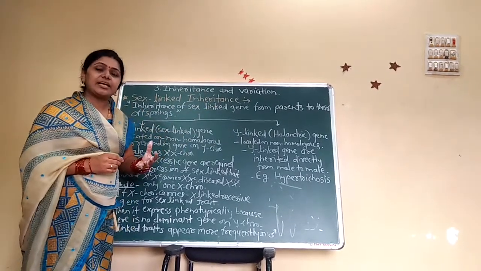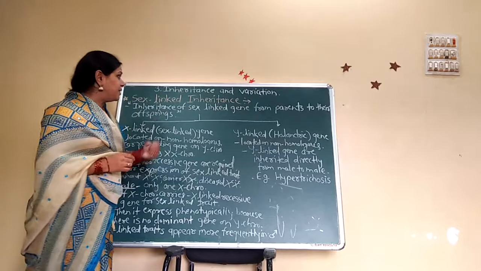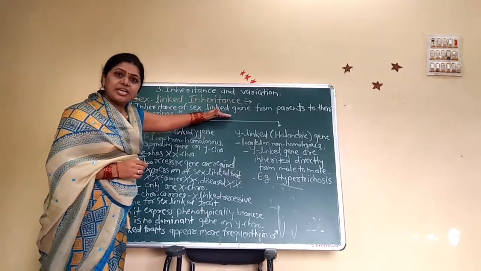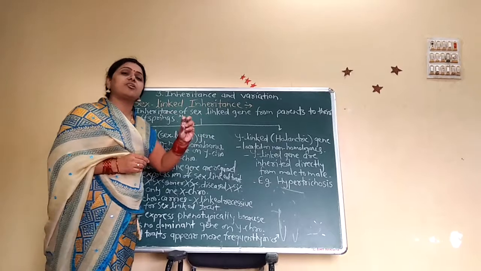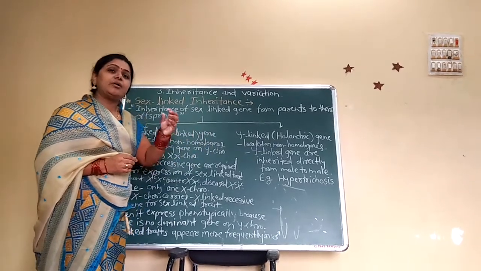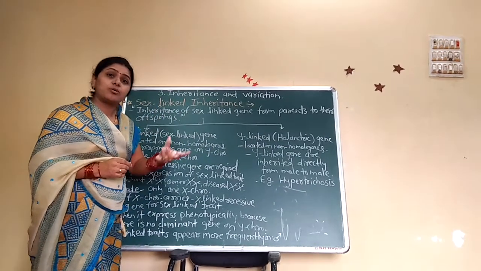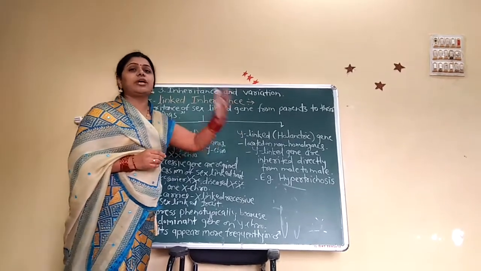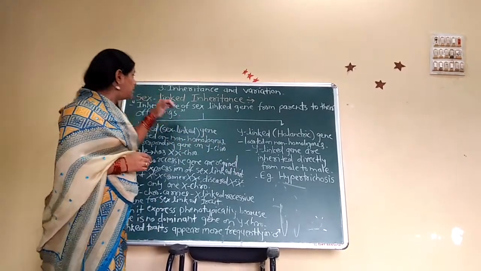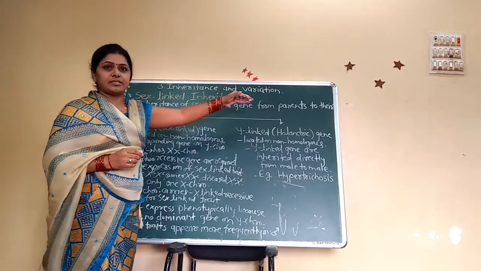What is sex-linked inheritance? Those genes which are present on the non-homologous region of the X chromosome and the non-homologous region of the Y chromosome, which are transferred from parents to their offspring, is called sex-linked inheritance.